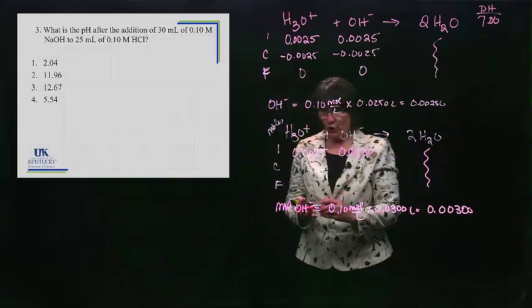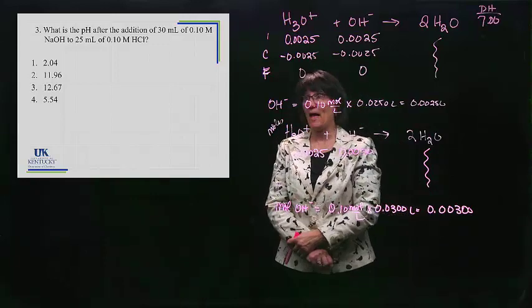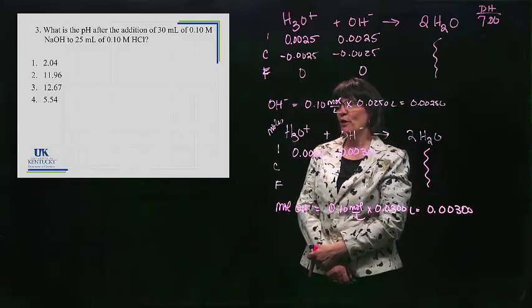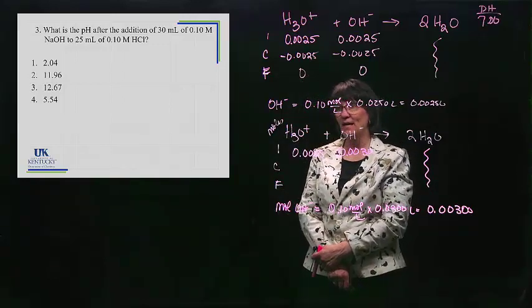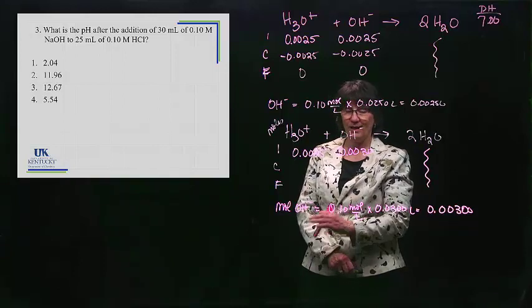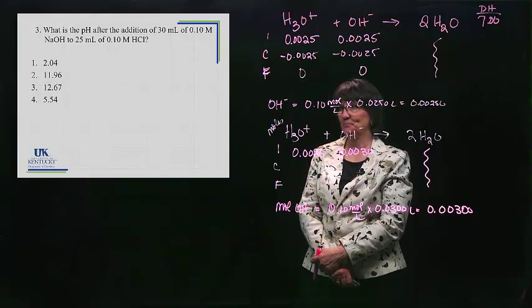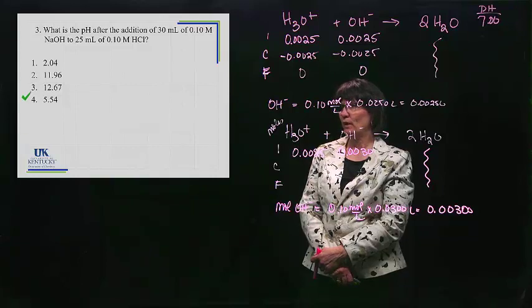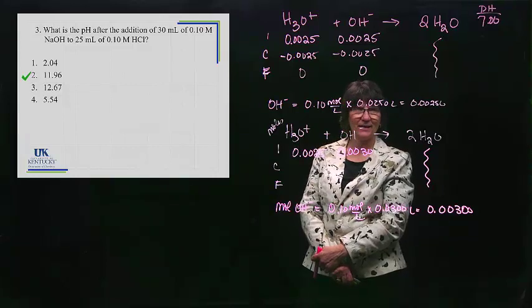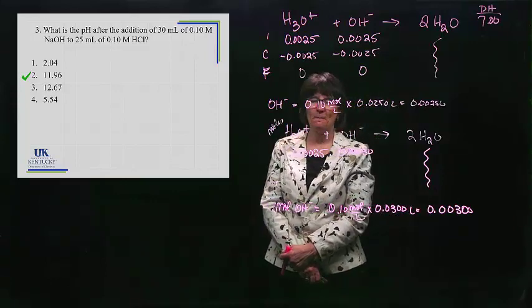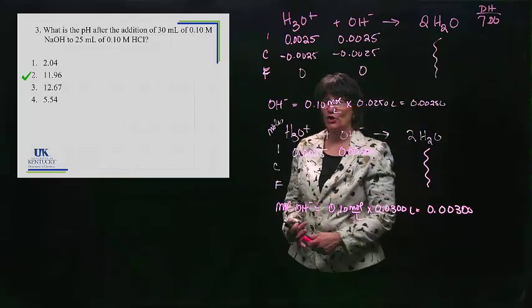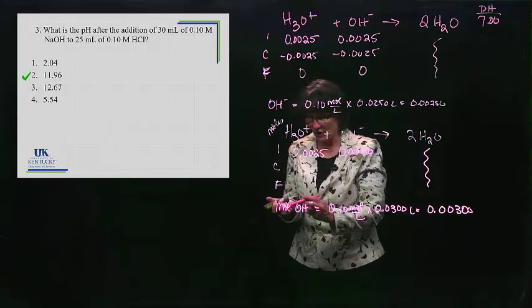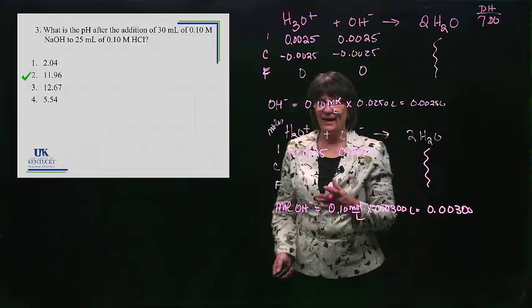So you're going to do some work, and you are going to determine which one of those is going to be the pH of this solution at this point. Well, did you get 11.96? If you did, great. If you didn't, I'm going to walk you through making sure you've got it. Those of you who got it, you can check your work and say, yeah, that made sense.